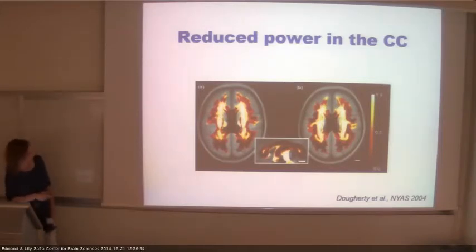So this is just a demonstration of calculating a power map. We simulated a situation in which we took our data, we divided it into two subgroups of 30 kids in every subgroup, and we artificially added an effect.